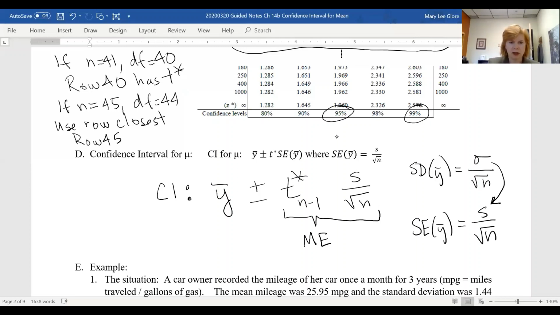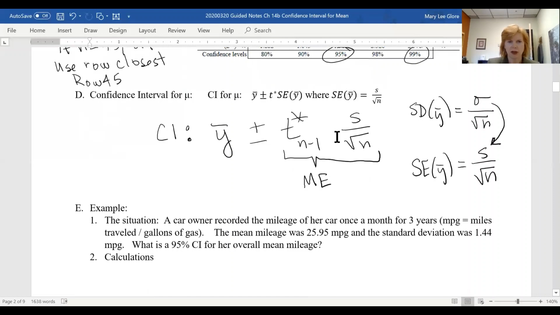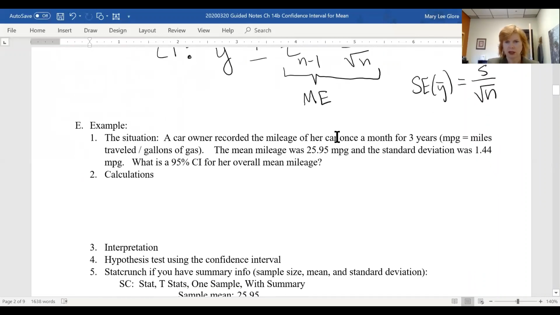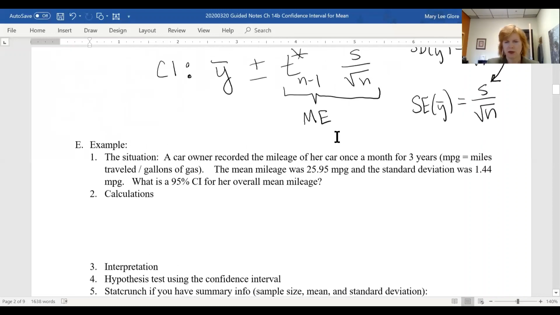so now the example. Let's say we have a car owner. Once a month for 3 years, she calculates her mileage. The way she would do that is miles per gallon, so that's miles divided by gallons: how many miles she traveled over the gallons of gas she used.